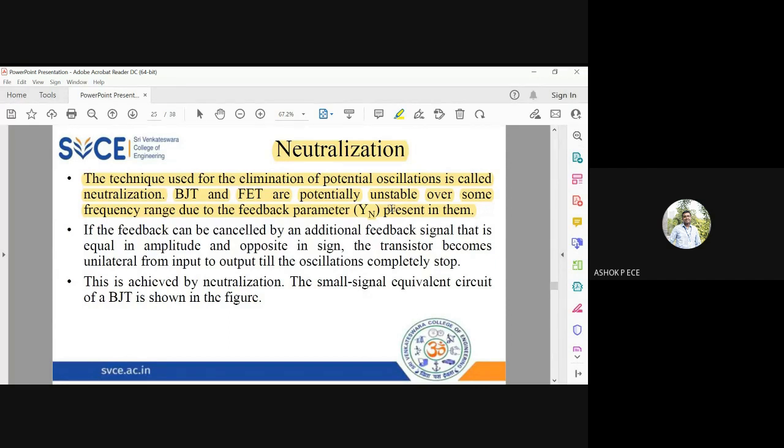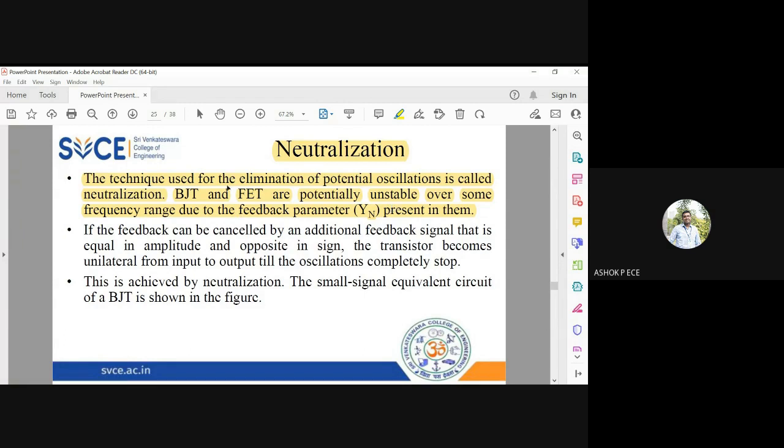Those feedback components are the entry points through which the oscillations might begin, because through the feedback component, some portion of the output gets mixed with your input, right? If that portion of output is in phase, it will produce a positive feedback, and then oscillations are going to start.